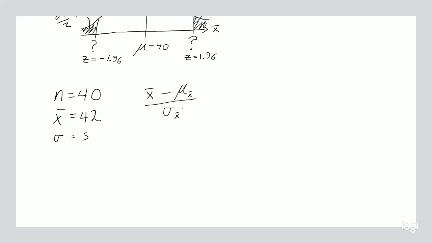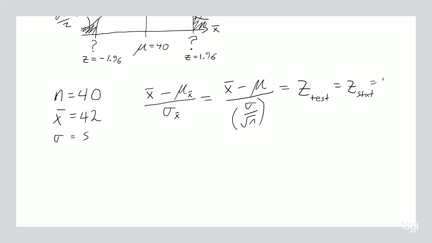This is the standard deviation of sample means. That is going to bring our x bar to the Z scale. And by the central limit theorem, that's actually going to be equal to a value like this. Okay? And this is called our test statistic, right? So it's a Z value, and sometimes it's called Z test. Sometimes you might see it called Z stat.